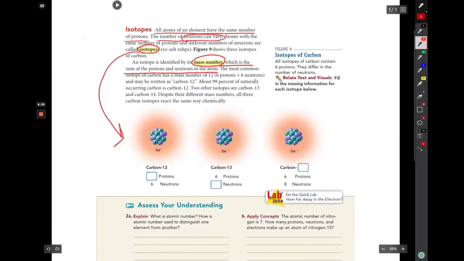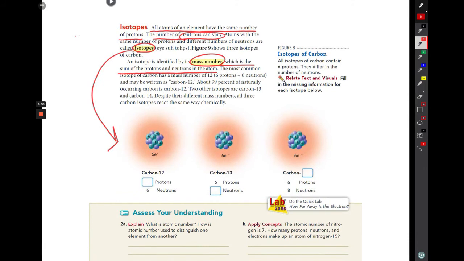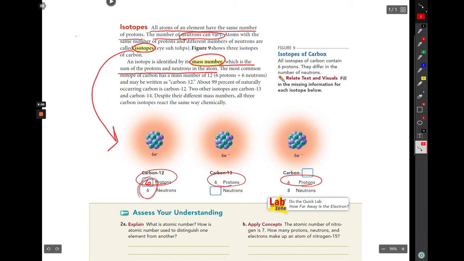So for example, we know that carbon has to have 6 protons, because all atoms of carbon have 6 protons. So we see here we've got 6 protons, 6 protons, 6 protons. If it's carbon-12, these numbers have to add up. So these 2 numbers have to add up to be this number.